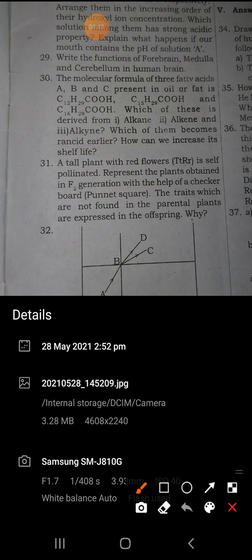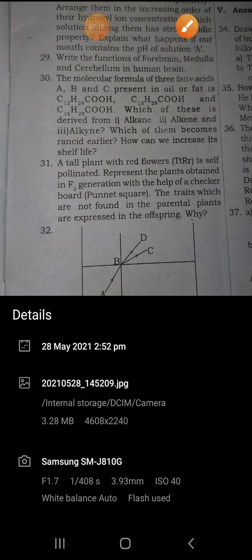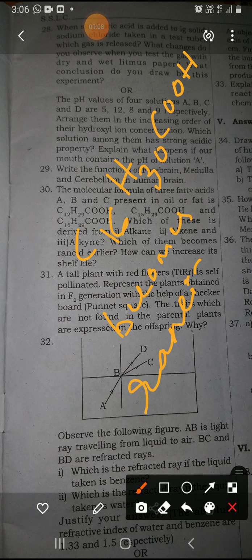Since the alkynes are unsaturated, C16H30COOH becomes rancid earlier. Earlier means earliest, so you can say C16H30COOH becomes rancid earlier, right?